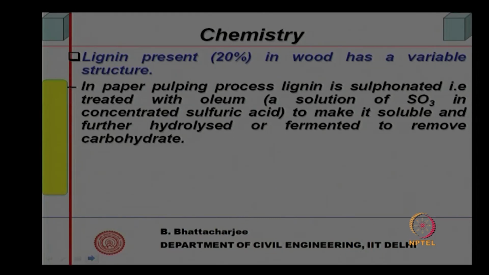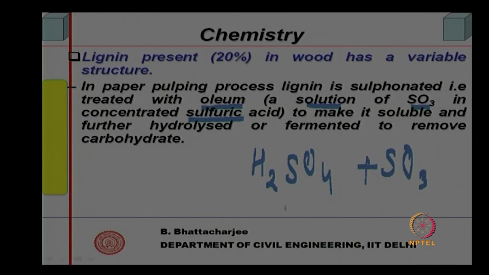In this pulping process, lignin is sulfonated. Now, what is sulfonation? Lignin is treated with oleum, which is nothing but a solution of SO3 in concentrated sulfuric acid. That is called sulfonation.